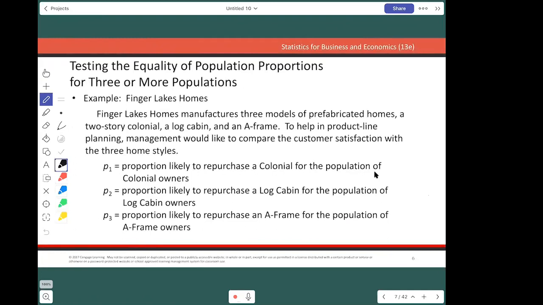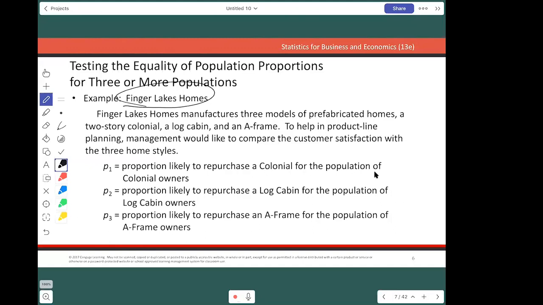So here's an example that will help to make it clear for us. Finger Lake Homes, a company, manufactures 3 models of prefabricated homes: a 2-story colonial, a log cabin, and an A-frame.